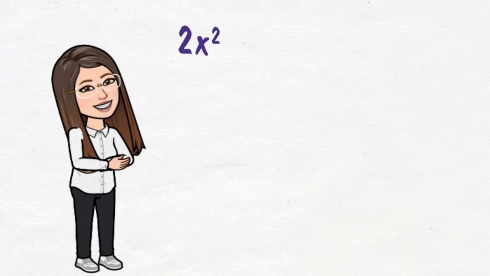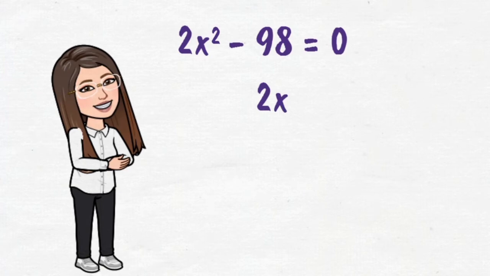2x squared minus 98 equals 0. As you can see, the numerical coefficient of the quadratic term is 2, and since it is a must that the numerical coefficient of x squared be 1, we have to eliminate the value before applying the square root property. But first, let us isolate the quadratic term.